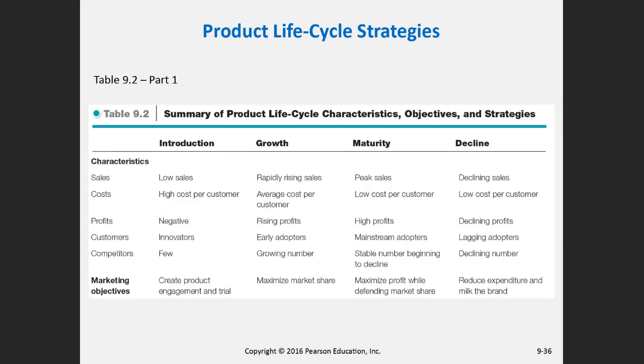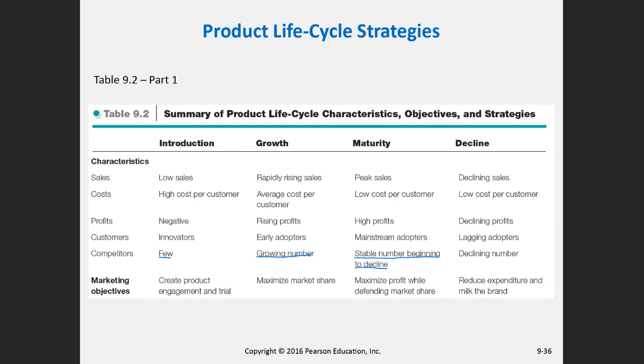So these charts are just characteristics of the product life cycle, and this would be good to review for an exam. You can see in the introduction stage we have few competitors. Growth, people start getting in there because we're making some money. Maturity, we've got a stable number of people making it, but some of the weaker ones are falling out.